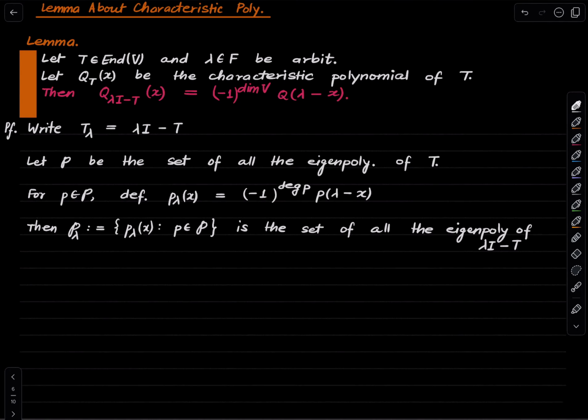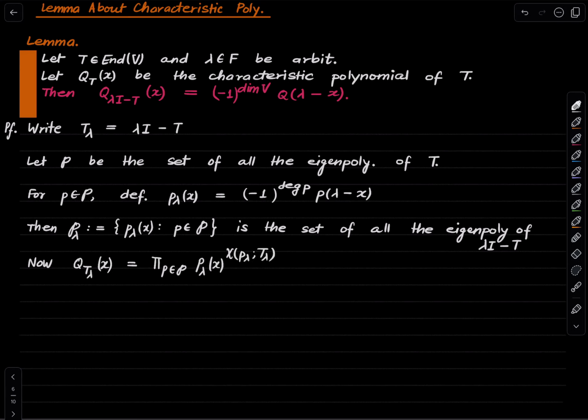This is what we proved in the previous slide. And now, q of T lambda, which is what we are interested in, is by definition of the characteristic polynomial that we gave, equal to P lambda x to the power the characteristic exponent. So this is the characteristic exponent of P lambda with respect to T lambda.